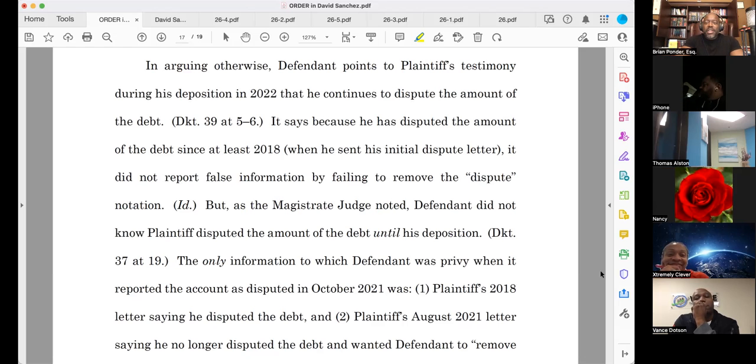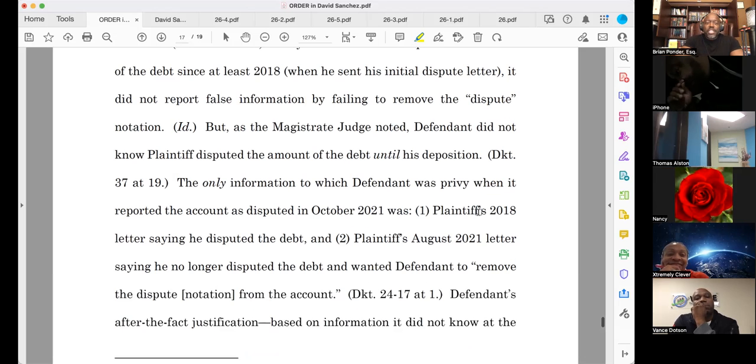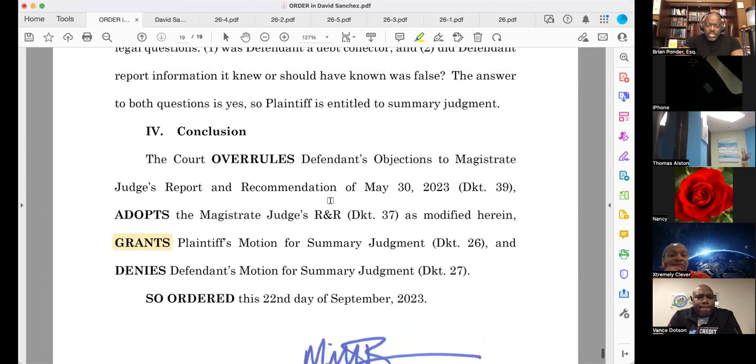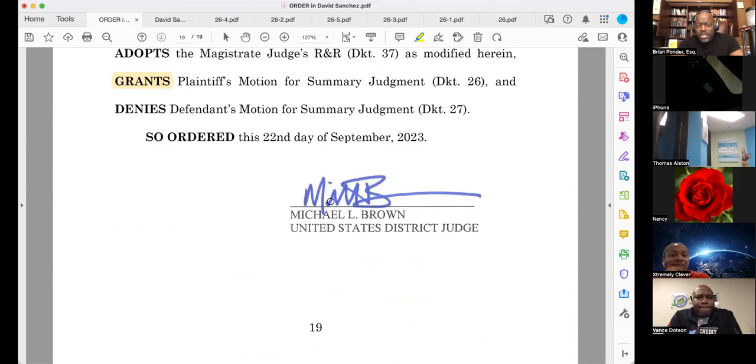Okay, but it's a couple more pages, but that's basically it. Conclusion. So they granted summary judgment for the plaintiff, and they won. So we'll see. I guess we can pull this up at some point to see how much money they get.